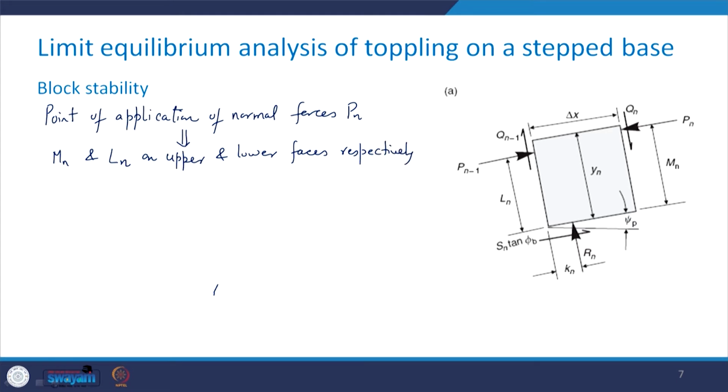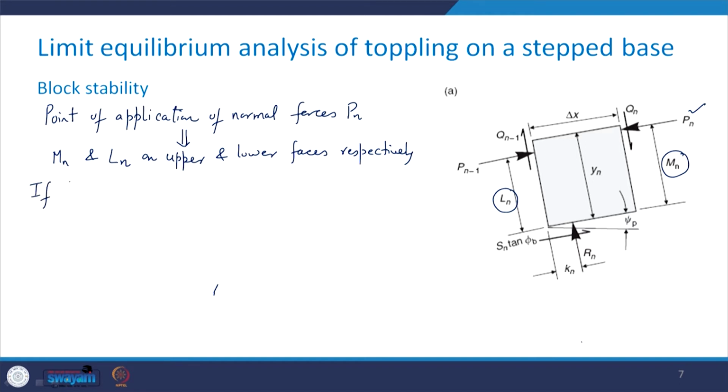See here, this Pn is acting at a height of Mn and Pn minus 1 is acting at a height of Ln. Now I take three cases: whether this nth block is above the crest, at the crest, or below the crest of the slope. So there are going to be three cases.